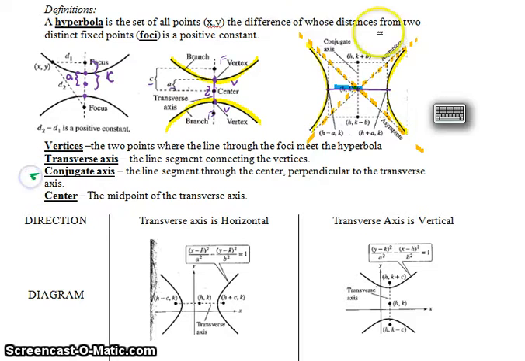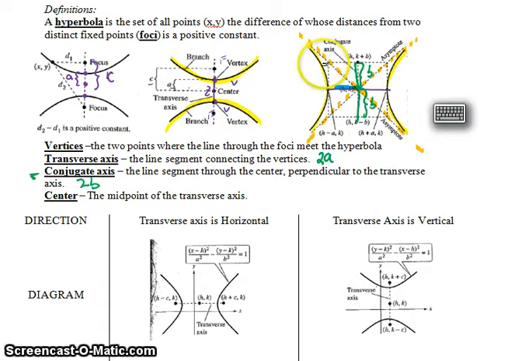The conjugate axis is the one up here, and this distance here is our B. So the conjugate axis has length 2b, versus the transverse axis between the vertices, where the center to the vertex is A, so the length of the transverse axis is 2a. We're just going to call them horizontal and vertical. And the center is the midpoint where these 2 axes meet perpendicular.